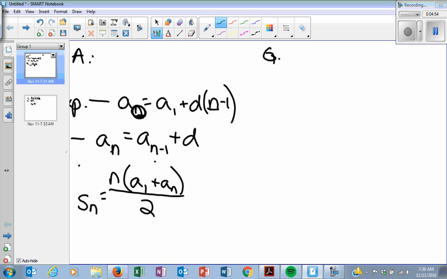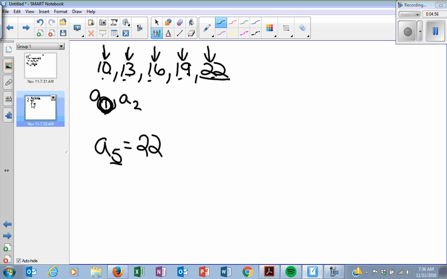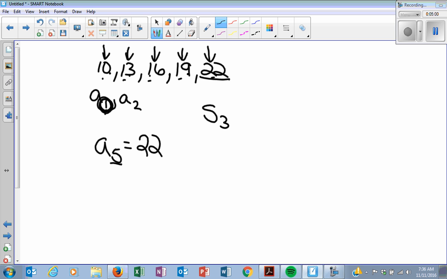So if I go back to the sequence that I've already done, and I say S3, that tells you that I want you to add the first, the second, and the third terms together. And in this one, would I necessarily have to use Gauss's formula? No, because I can just add these three numbers together really easy, correct?